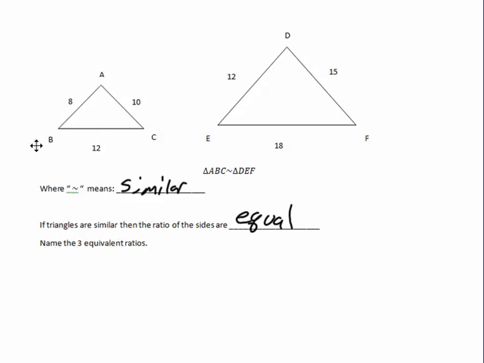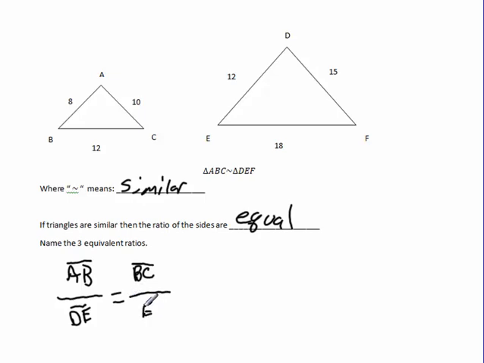We have the distance from A to B, AB, over DE, because that's the corresponding side. We show that with a little bar over those. That ratio is equal to BC over EF, the corresponding sides. Our ratio of the corresponding sides are equal.